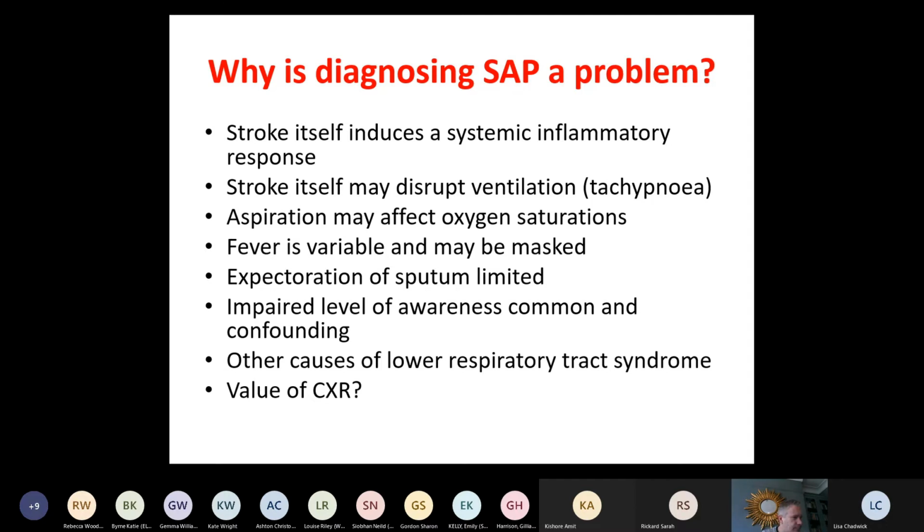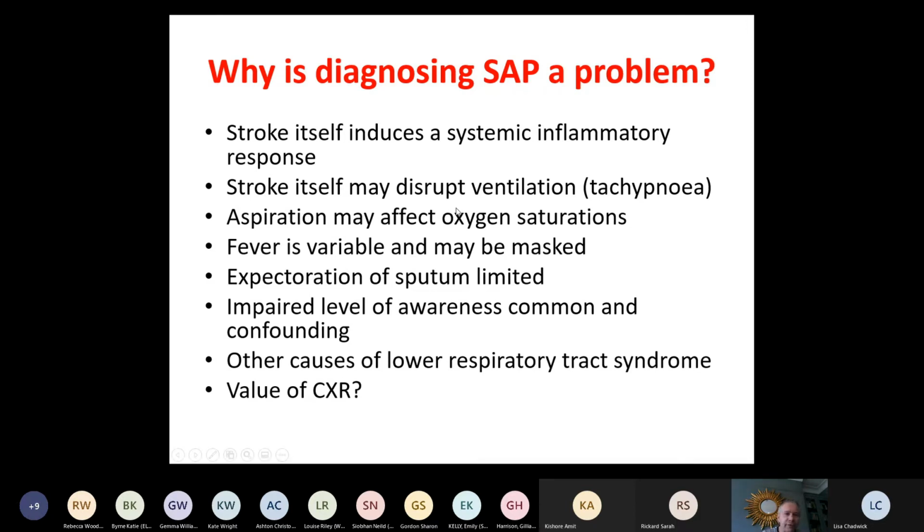It can also disrupt the brain-respiratory axis, causing hyperventilation on the affected side. It obviously impairs cough. As a result, patients can become tachypneic and they can become hypoxic if they aspirate as well.